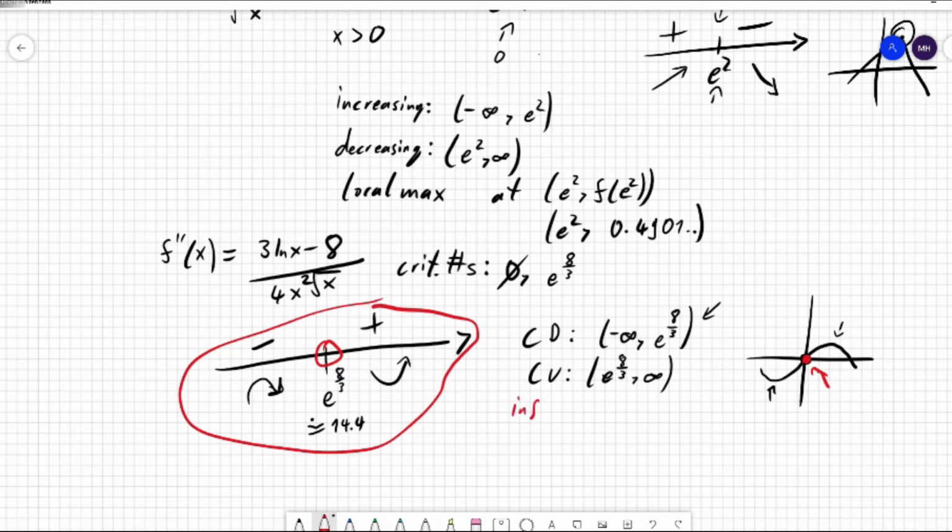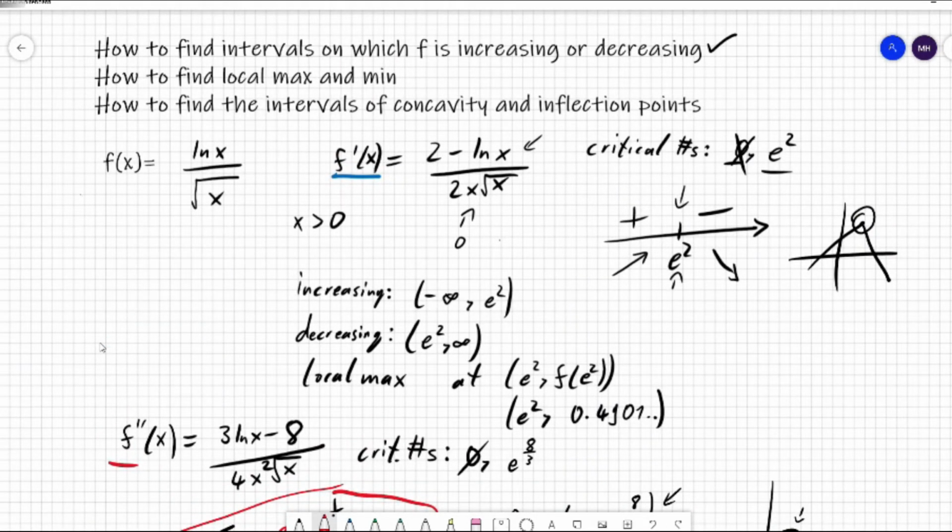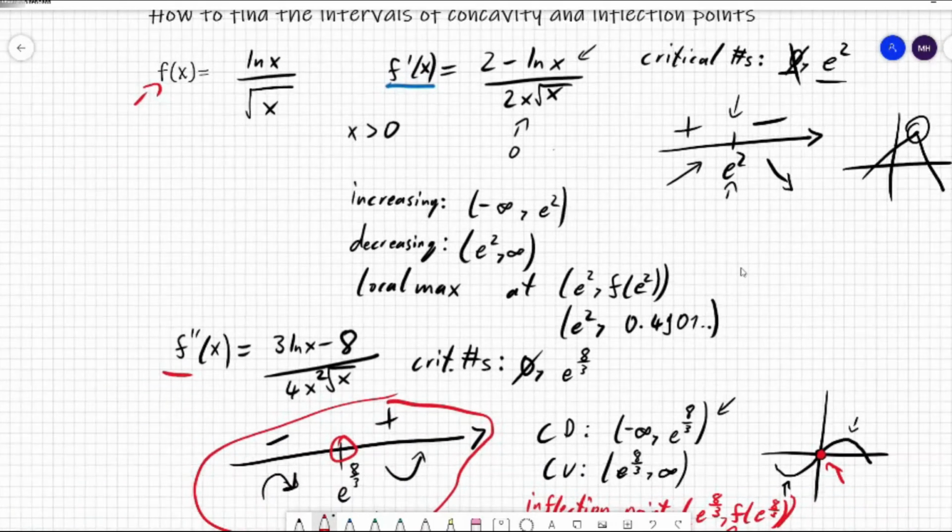So the inflection point would be e to the power of 8 over 3 and f of e to the power of 8 over 3. Make sure that this is f, so when you actually plug in the value, you're not going to plug it into f double prime. You're going to plug it into the original function. And well, okay, so this is basically how you do it.